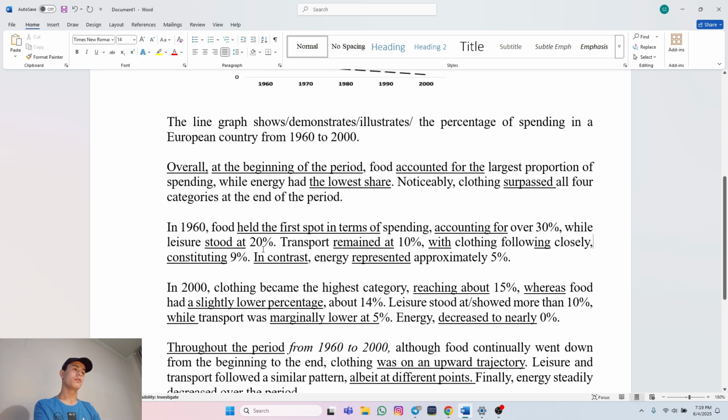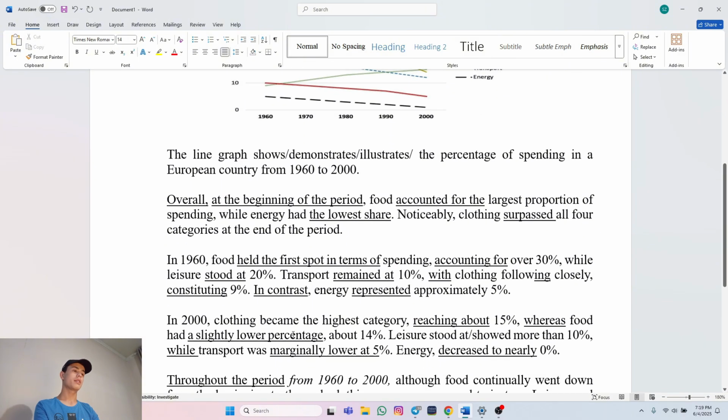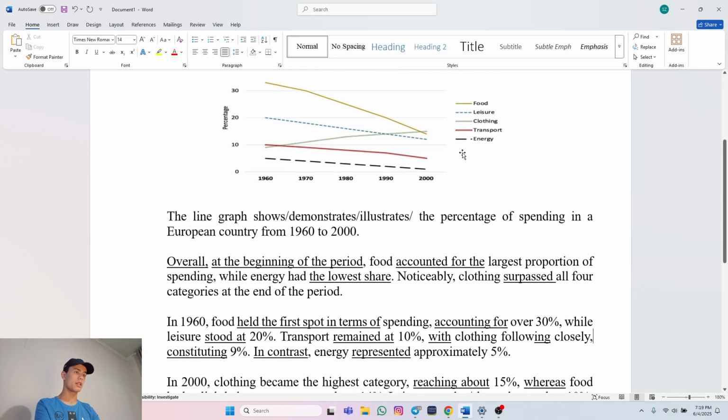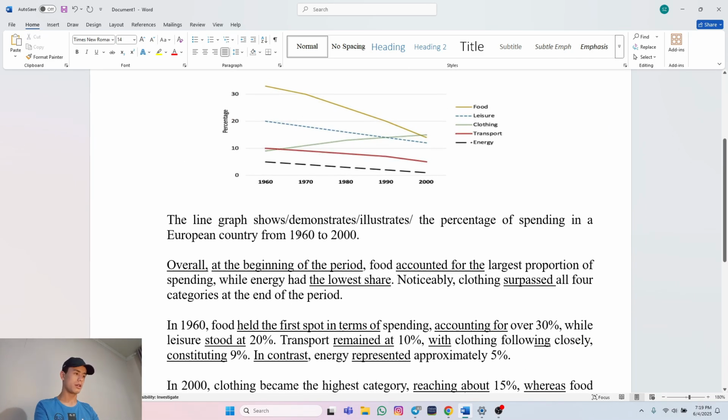And we described four categories here, and the last one is energy. Okay, energy. In contrast, you can use some kind of linking words, in turn, like energy represented approximately 5%, right? Energy stood at between 0 and 10, I mean between their middle, right?